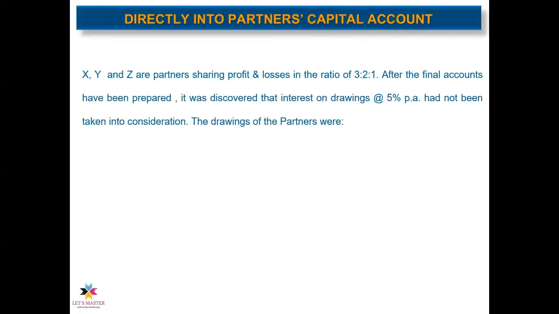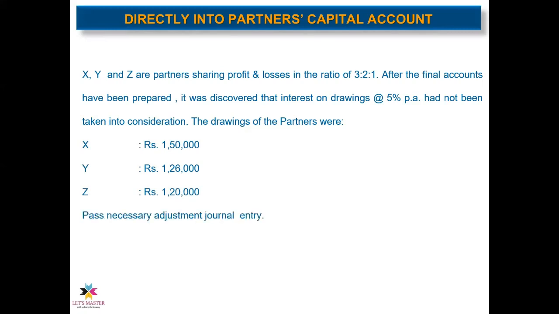So the example is X, Y, and Z are partners sharing profit and losses in the ratio of 3:2:1. After final accounts have been prepared, it was discovered that interest on drawings at the rate of 5% has not been taken into consideration. The drawings of the partners were X withdrew 1,50,000, Y 1,26,000, and Z 1,20,000.